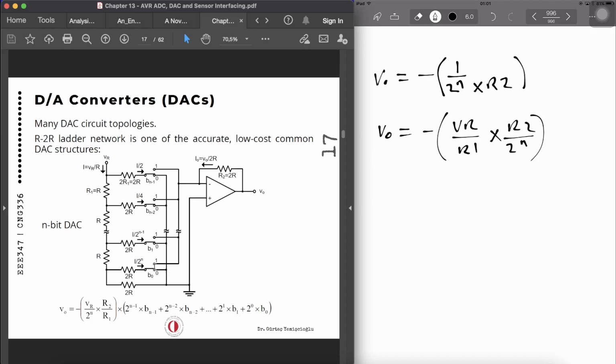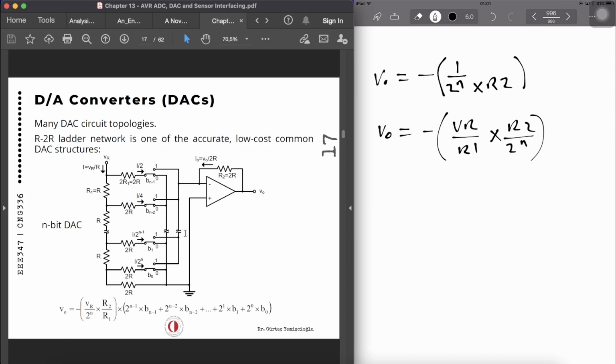This is why we introduce DAC first. And once we understand that, a big portion of the ADC could be easy to understand as well. Okay, so the R2R ladder is the main building block of the DAC, and this is how it works.